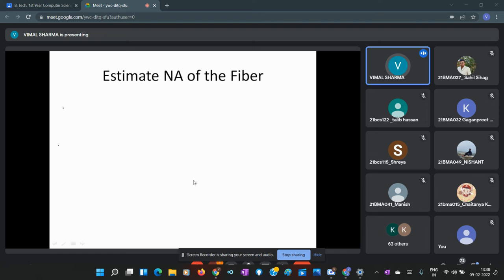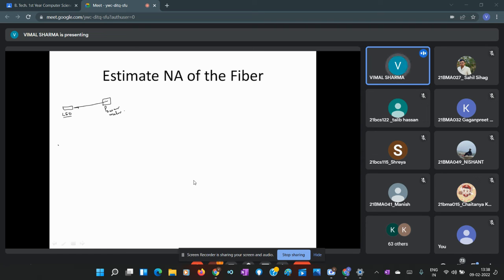So for that I use laser light. I take an LED here, a light emitting diode or some laser, and we put here some power meter to measure the intensity of this light. Okay, then we do not have anything here.